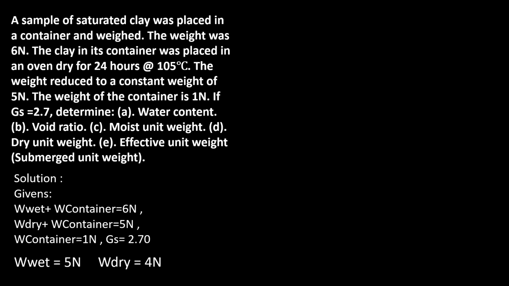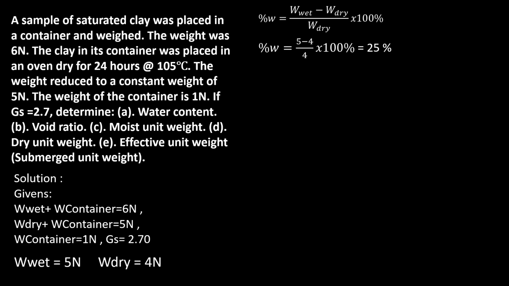Let us now proceed to the first item of our problem, that is to calculate the water content. Our formula for the moisture content is equal to wet weight minus dry weight all over dry weight times 100%. Let us now proceed to the direct substitution.